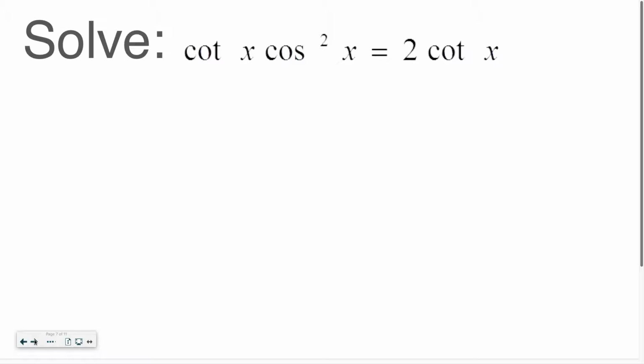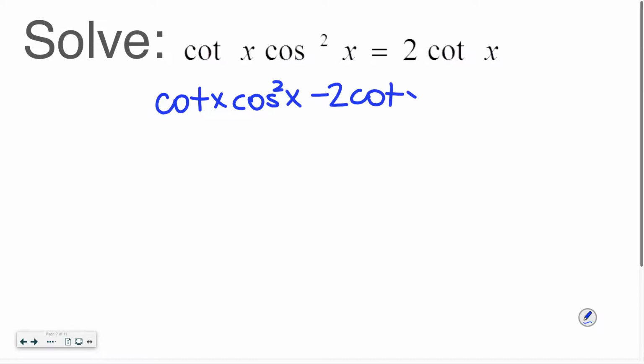Some of us weren't. We cannot divide by a function that could be 0. Are we allowed to divide by 0? Could the cotangent of x equal 0? It could, which means we cannot divide by it. We cannot divide by a function. So you were right. We need to subtract 2 cotangent of x to the other side.